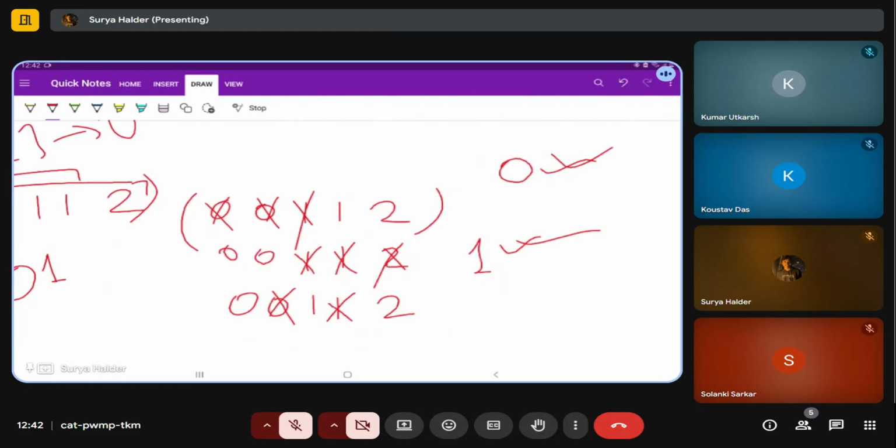Another way, how can we remove? If I remove 3, then again I get 1 only. If I remove 0, then I get 0.